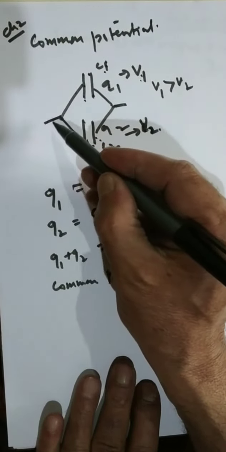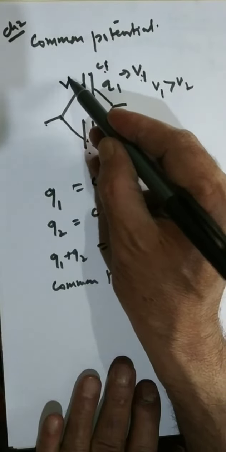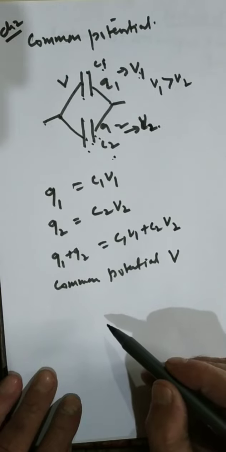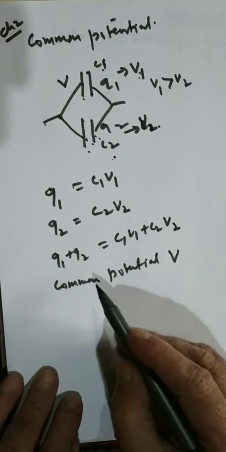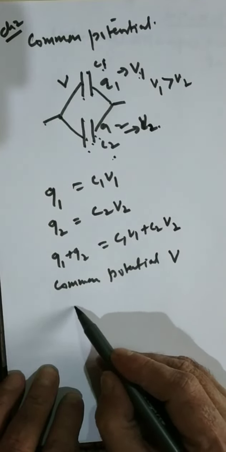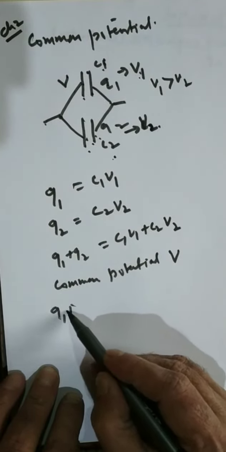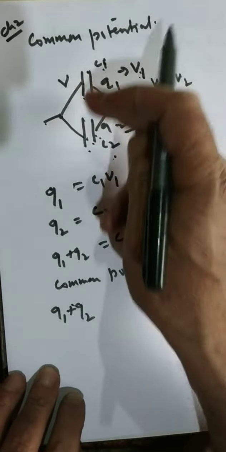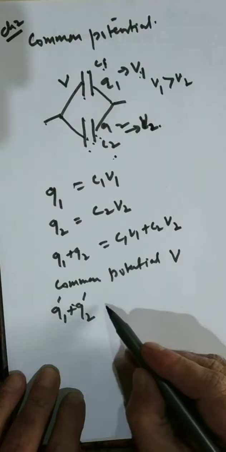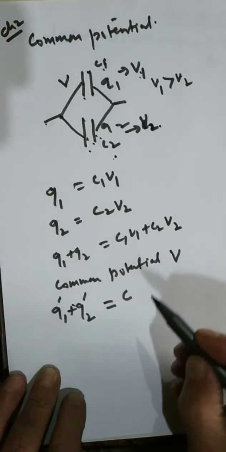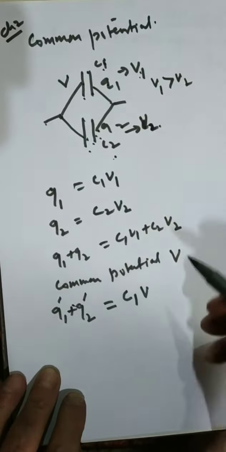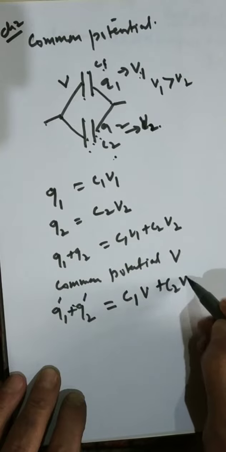Both will have a common potential, that is V. Okay, so total charge after they are connected will be equal to, again assuming that there is no loss of charge, there is only a redistribution of charge, Q1 dash plus Q2 dash, that will be C1 इस पे पोटेंशियल है V अब कॉमन एंड कैपेसिटर 2 पे C2 V, ठीक.